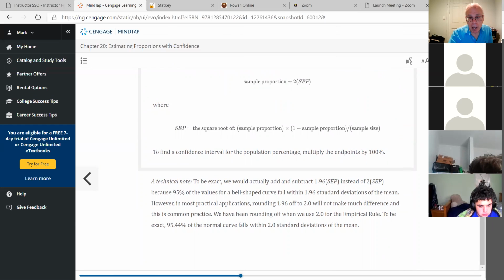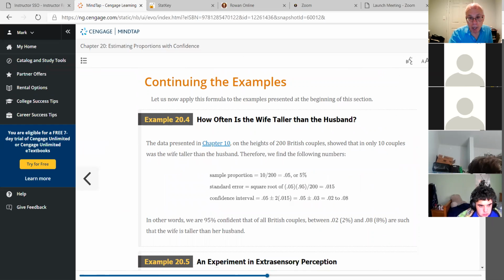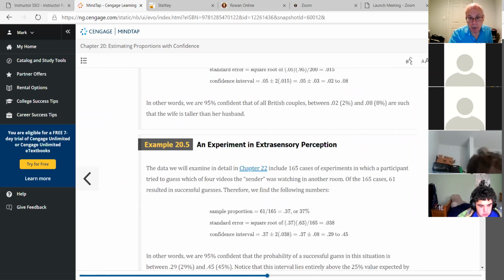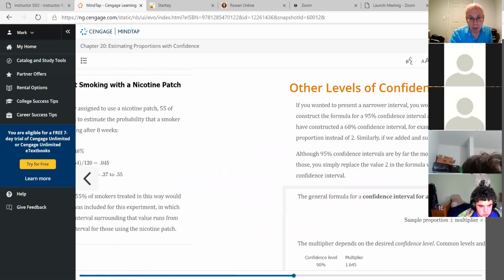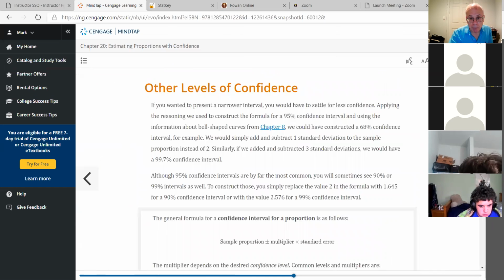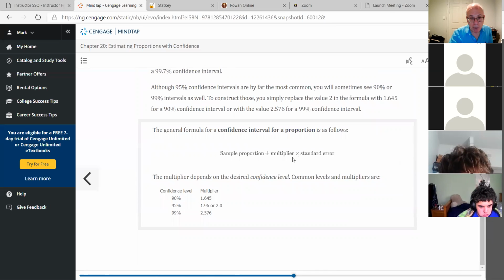Let me see if there's anything else here. Again, they have examples and show you how to calculate all of this. That's why we're not going to cover it in this course, because if we were, then you might as well do it this way. They try to make it easy by saying the standard error has to be multiplied by what's called a multiplier, and here are the multipliers used for confidence levels and so forth.